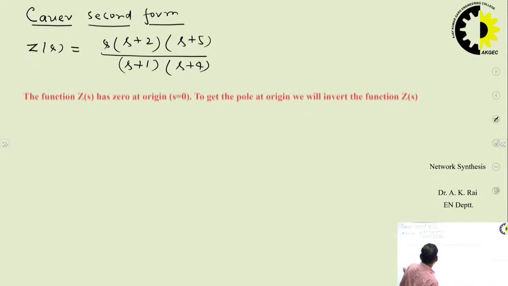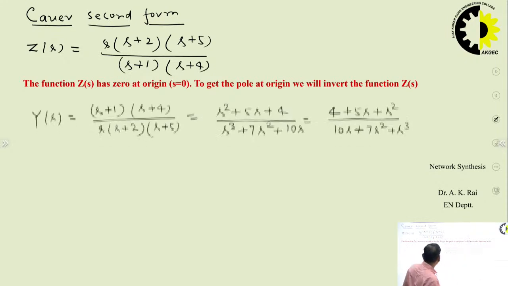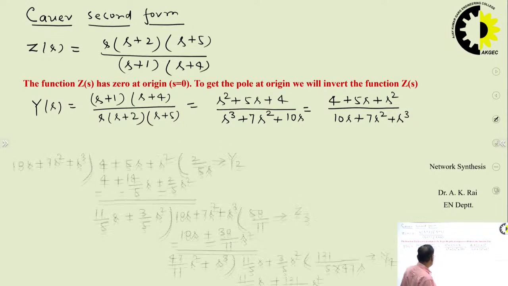Similarly, for the Cauer second we have this. The function has 0 at origin. Look here, the function has 0 at origin. So, to get the pole at origin, we invert the function. Invert the function to get the pole at origin, and then arrange the polynomial in ascending order and carry out the division.